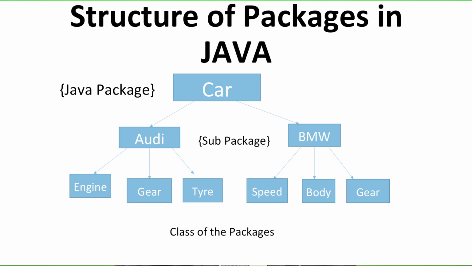And in another example, we have speed, body and gear in the BMW sub package. So the leaf nodes in this tree all are classes of the packages. In the intermediate nodes, we have sub packages called Audi and BMW, and in the root node, we have cars as a Java package.